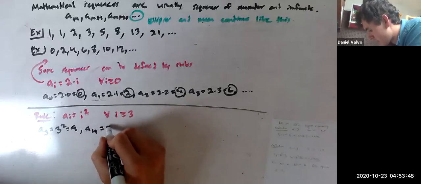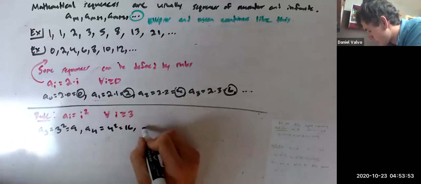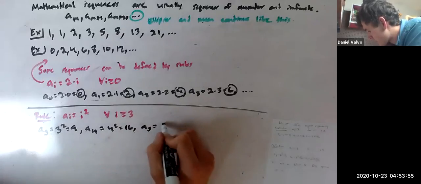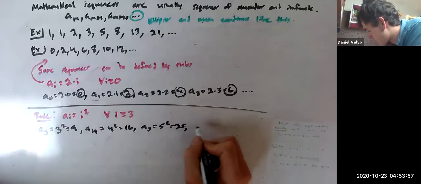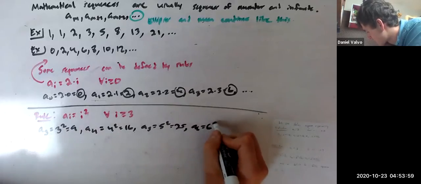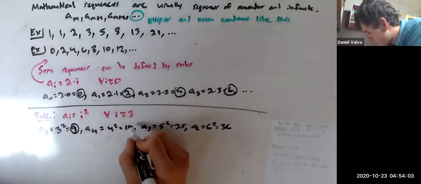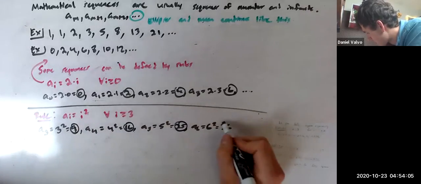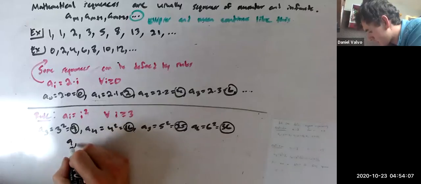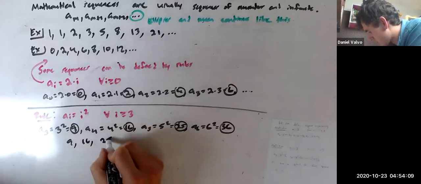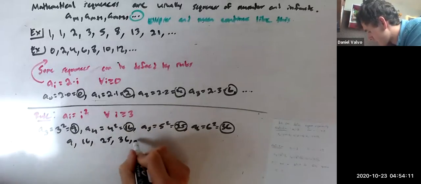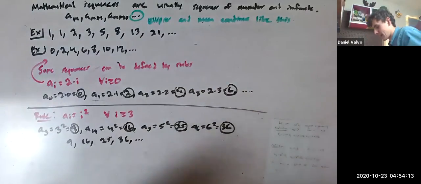A4 is going to be the index squared, which is 16. A5 is the index squared, which equals 25. A6, index squared, which equals 36. So our sequence is 9, 16, 25, 36, on like that.